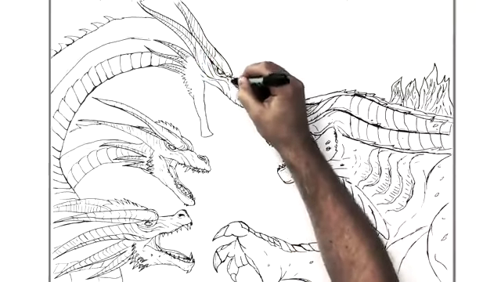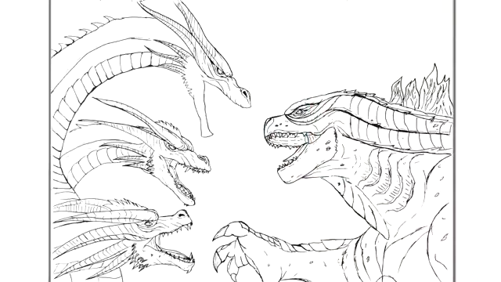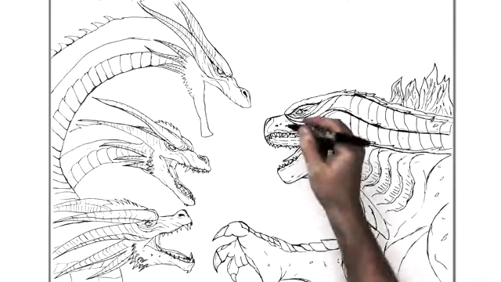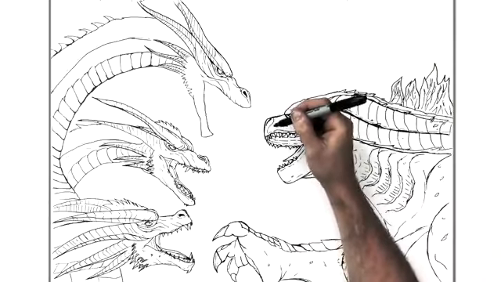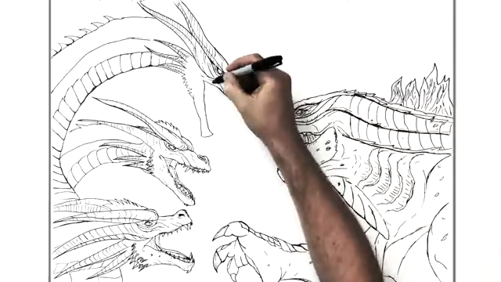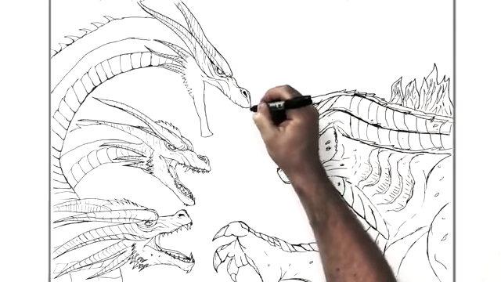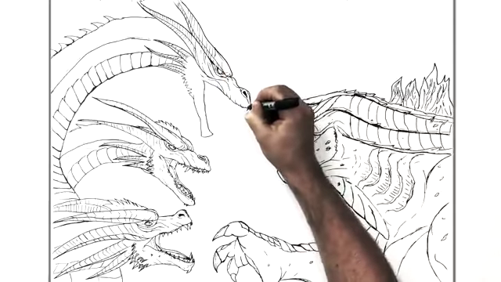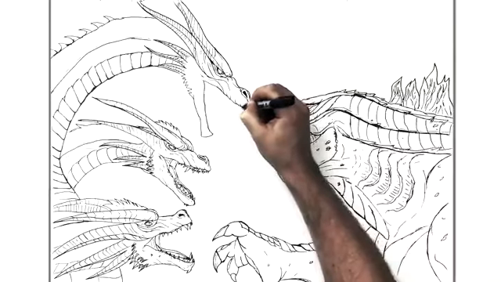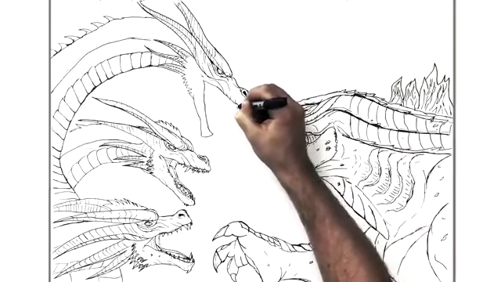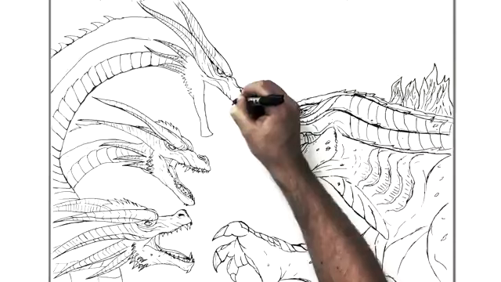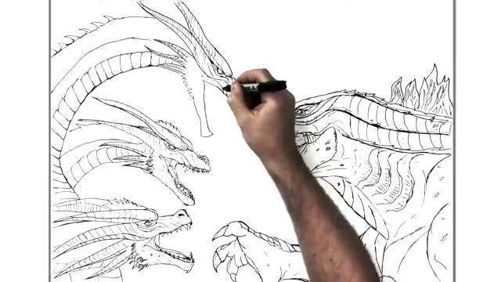Just adding some texture lines like this. Right, let me see. So then teeth, right? So kind of small up here, a bit bigger as we go down, and then they get smaller and more spaced out as we go back.